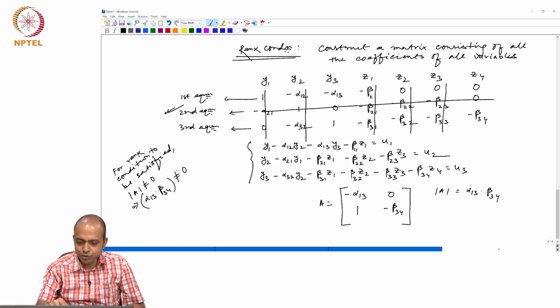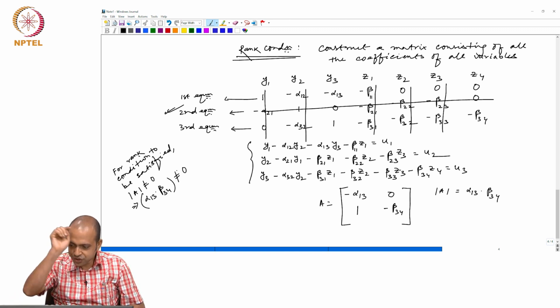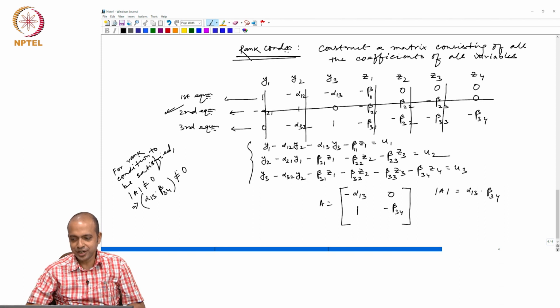See, I have crossed out this column, so that means some variable is here. I have crossed out this column because Z1 is already included, Z2 is included, Z3 is included. But Z4 is not included. That is why I am not crossing out this.